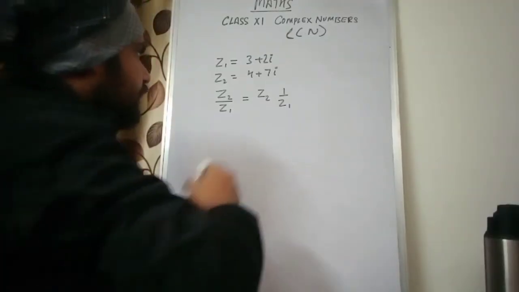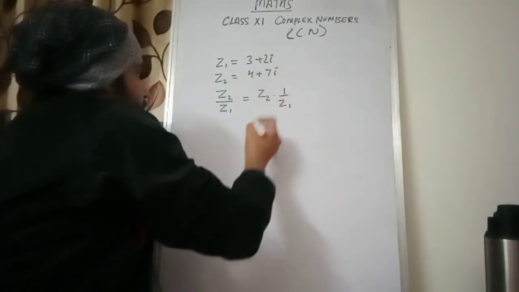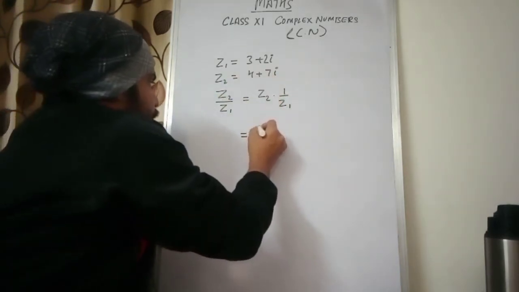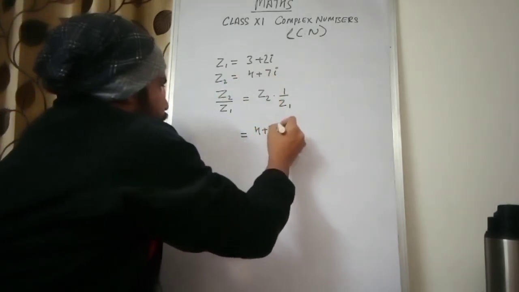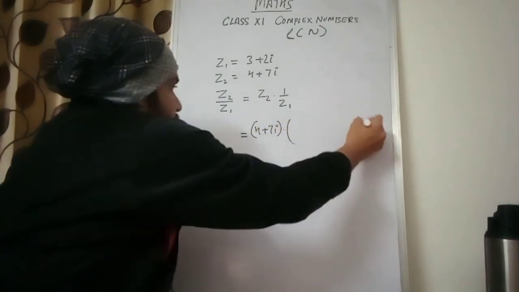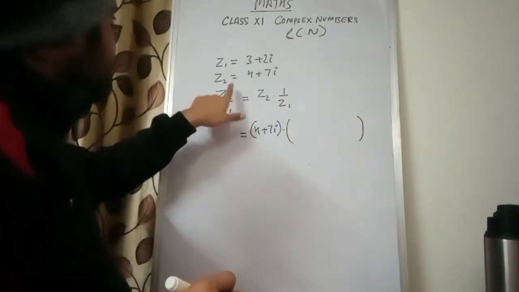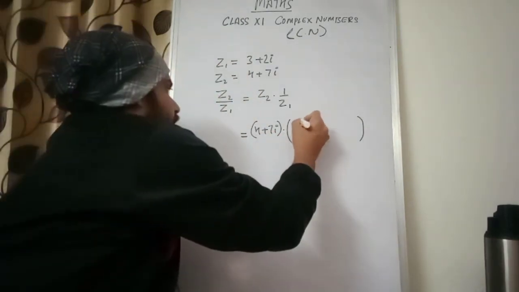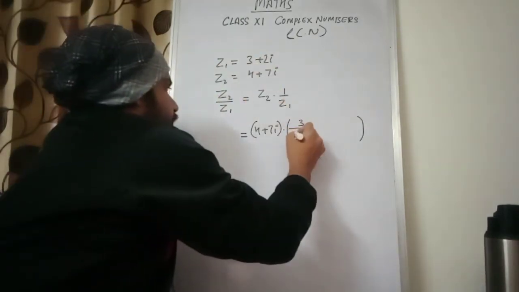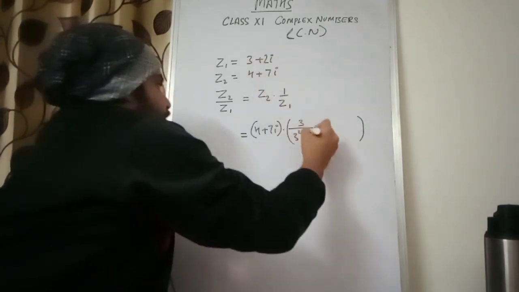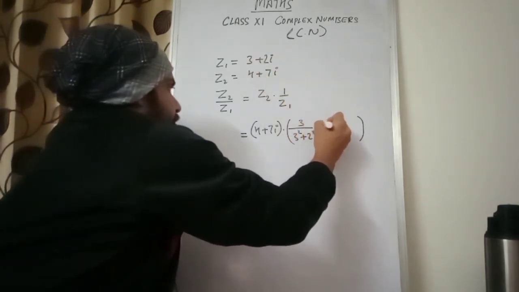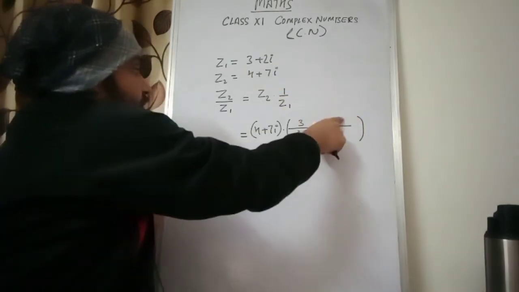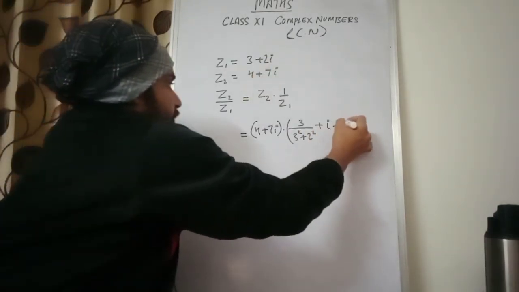Now that we have learned how to find out the inverse of any complex number, we can directly multiply. See here, this z2 is what? 4 plus 7i into the inverse of z1. Inverse of z1 will be what? Now what is a here? 3. So a upon a square, 3 square plus b square is what? 2 square, plus i upon, now minus, this will be minus b, so 2 is b here, so it will be minus 2.